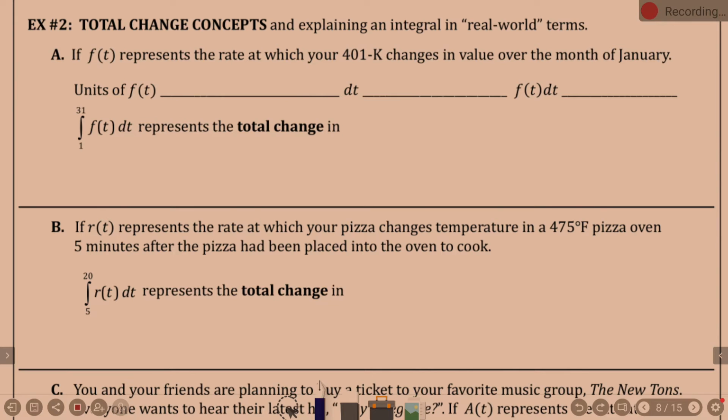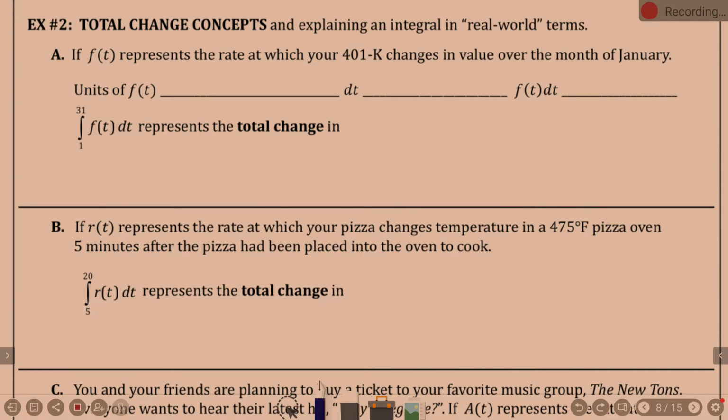So, as we look at example A, if f of t represents the rate at which your 401k changes in value over the month of January, units of f of t, dt, and f of t, dt. So units of f of t, what does f of t represent?